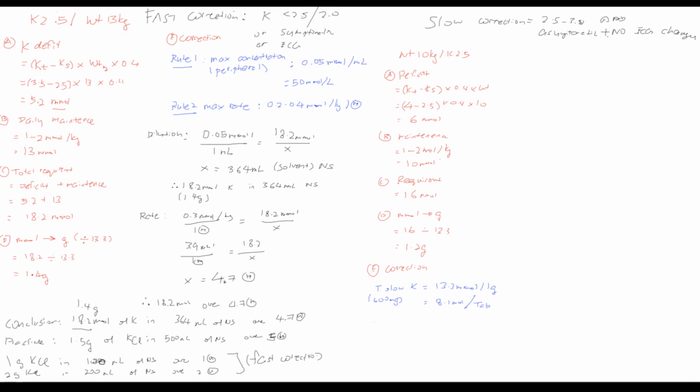Then the second way is to correct by using mist KCl. This is a potassium solution, which has 1 gram of potassium in 10 mils, which is 13.3 millimoles. So now we know that these two forms of potassium are available.